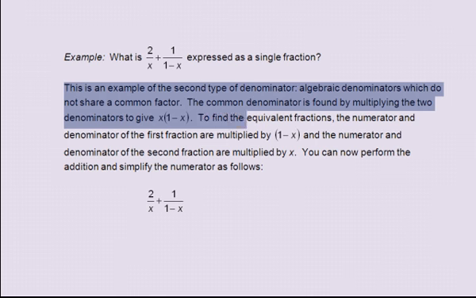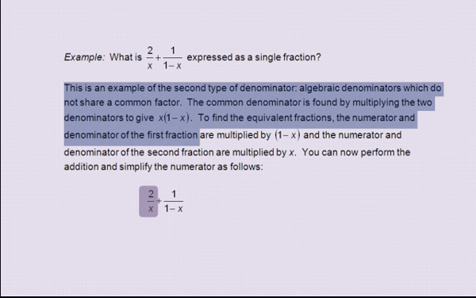To find the equivalent fractions, the numerator and denominator of the first fraction, 2 divided by x, are multiplied by 1 minus x to give 2 multiplied by 1 minus x divided by x multiplied by 1 minus x.